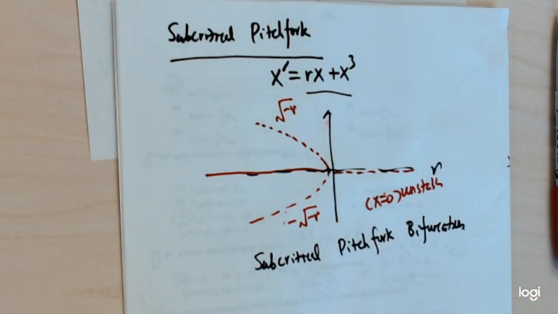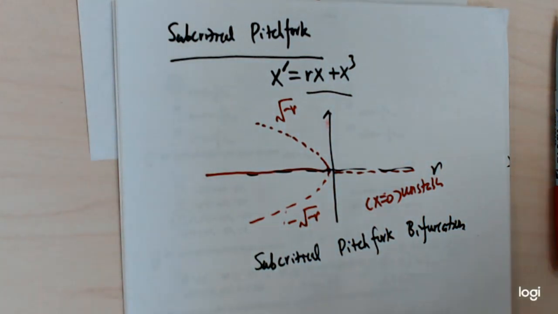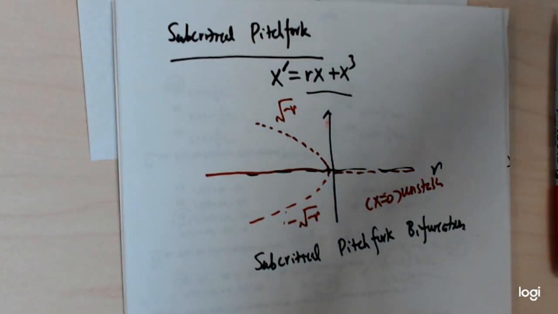So these are typical bifurcation problems in one dimension. Our next topic will be what happens in 2 dimensions, and that'll be our final topic.